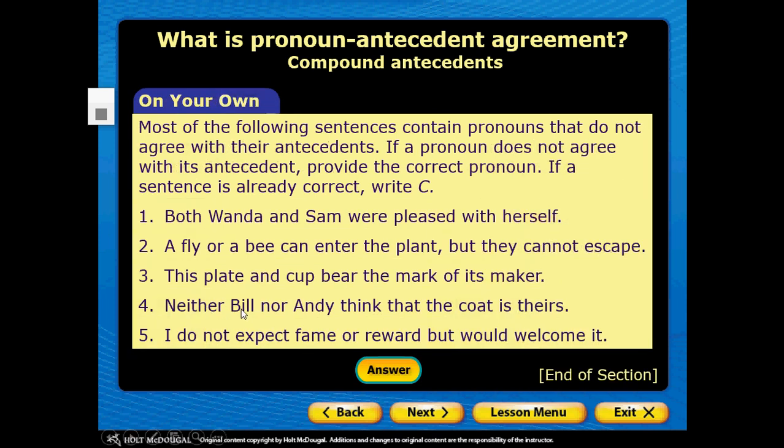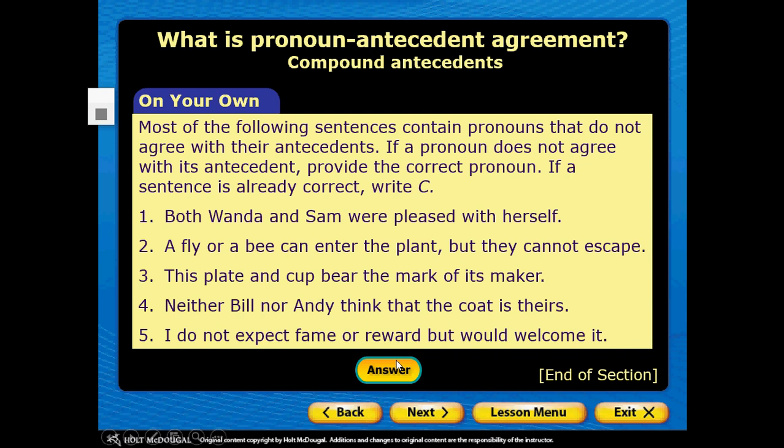Neither Bill nor Andy think that the coat is theirs. I wonder now. So we have nor here, so we're talking singular. We have Bill nor Andy. So, think that the coat is theirs. I think that this could be correct.